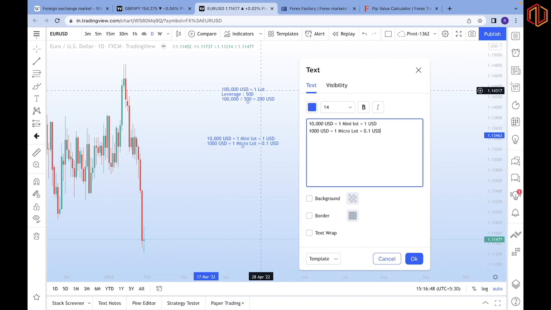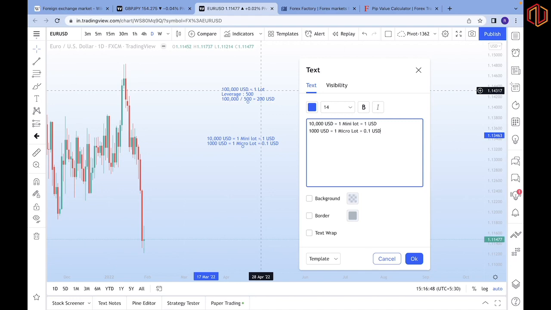So if you were to take this trade here, instead of keeping a quantity of 100,000, you can keep 1/10 of that, which means 10,000 as your quantity, or you can keep even 1,000 as your quantity, which means a micro lot. So that flexibility is given.